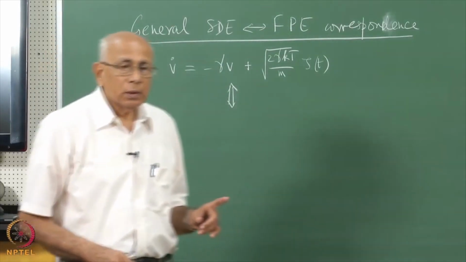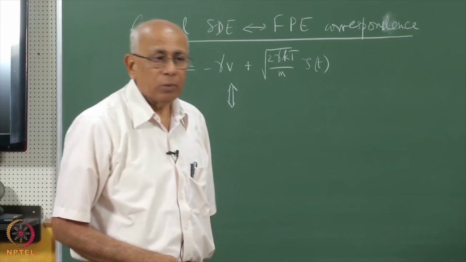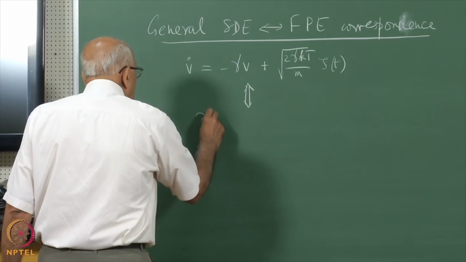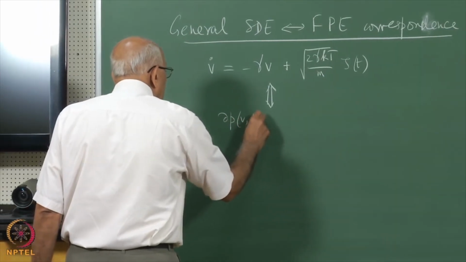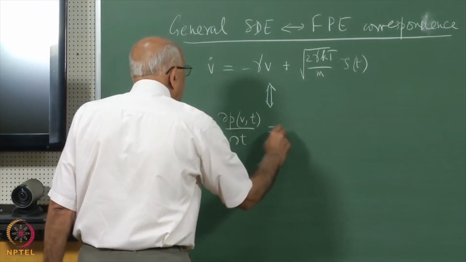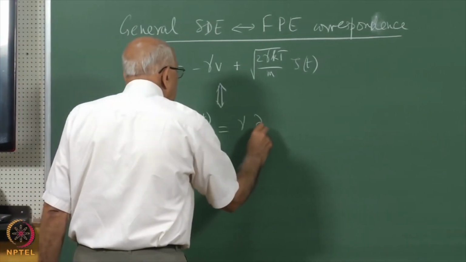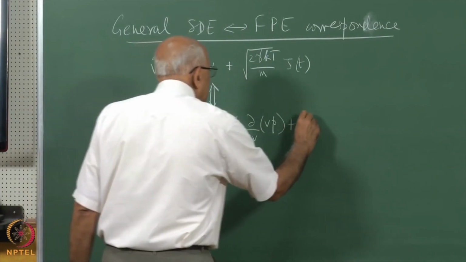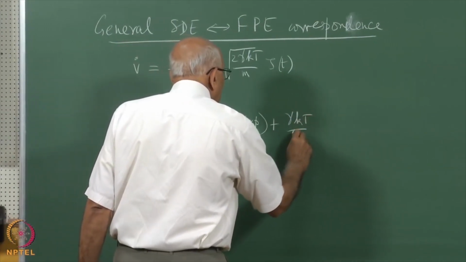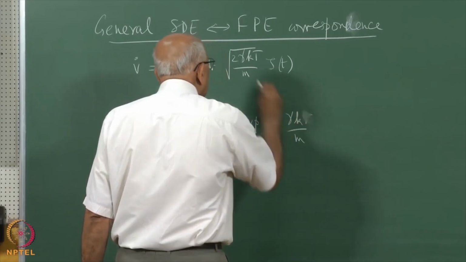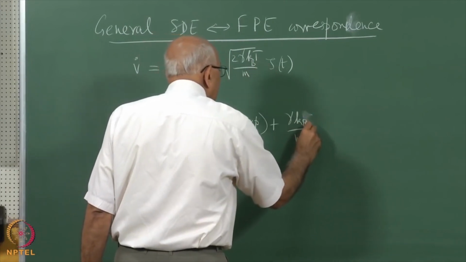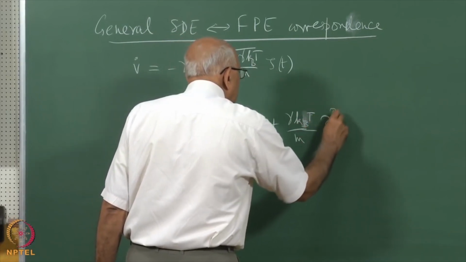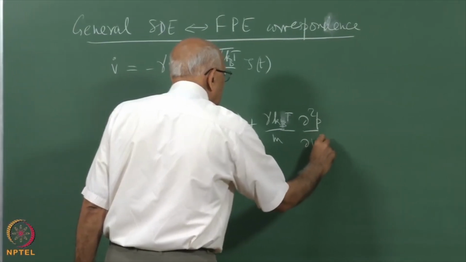And this implied, if you recall, the original Fokker-Planck equation for the Ornstein-Uhlenbeck distribution. So, this implied immediately that the conditional density of V satisfied this equation: delta P of V, t divided by delta t is equal to gamma times delta over delta V of V times P, plus gamma k Boltzmann T over m d2P over dV2.